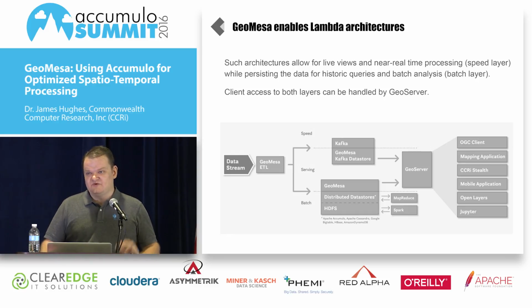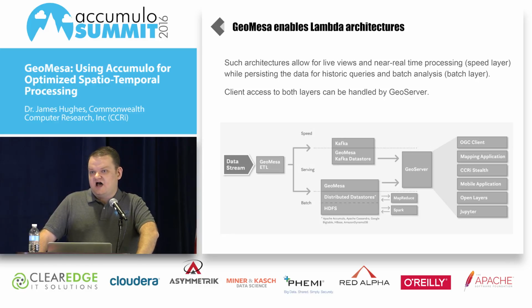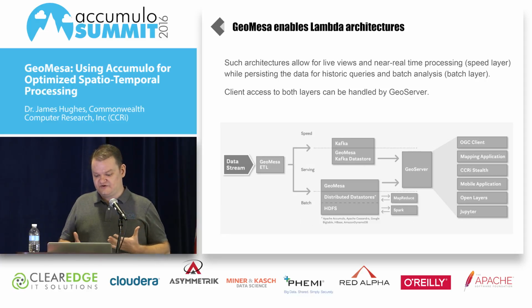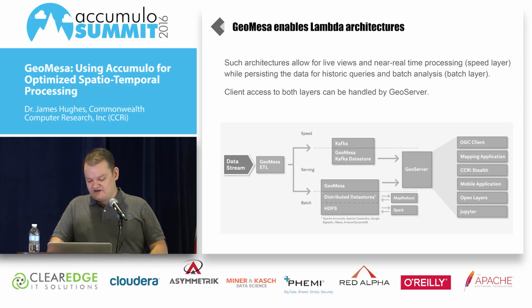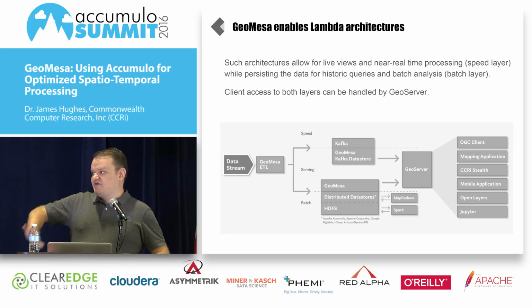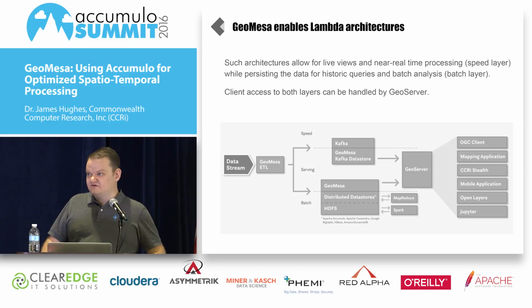One of the great things that we can get to, Russ indicated this a little bit, we can build up complex architectures that are based on Accumulo here for the batch layer in a Lambda architecture. The speed layer, for some of the near real-time processing, we actually do in Apache Kafka usually.